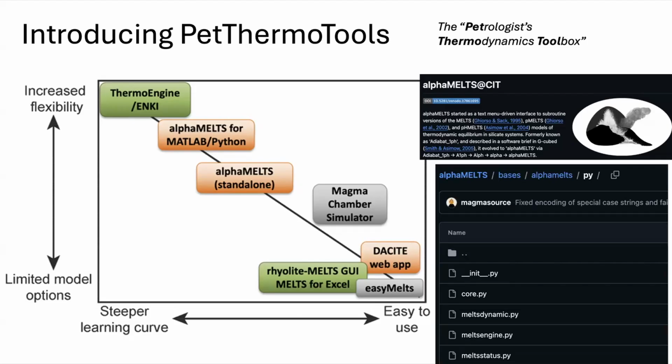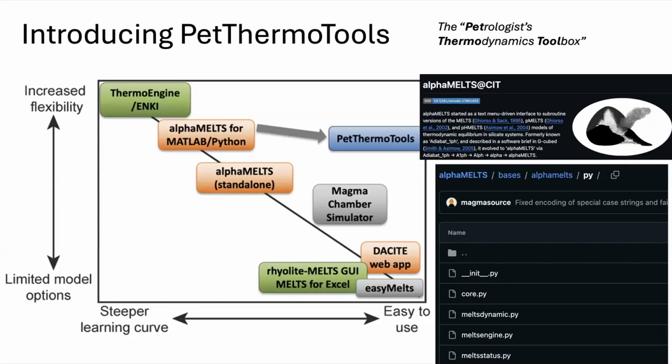My aim here is to develop a tool which anybody can use, regardless of how much prior coding experience you have. The idea is you should be able to use the tool I've been developing called PetThermoTools, the Petrologist Thermodynamic Toolbox, which is how we came up with the name. The idea is to have this as a tool that anyone can launch in Python and use without any prior coding experience, ideally.